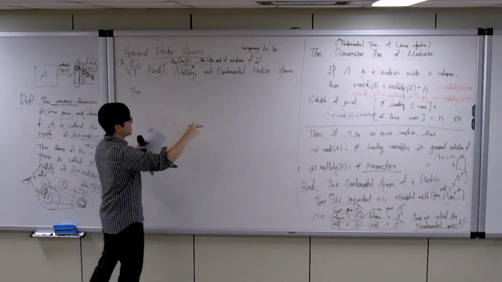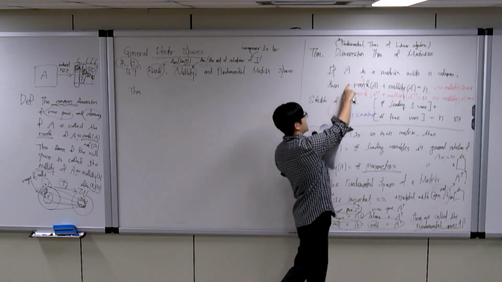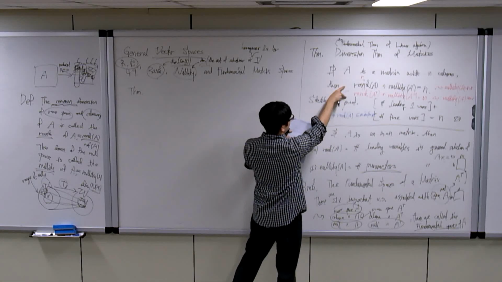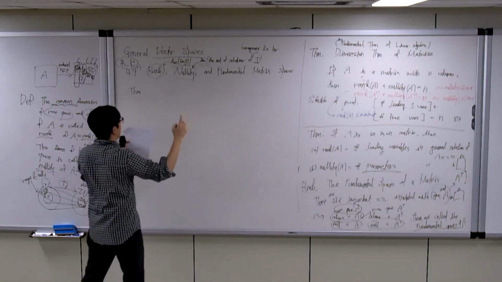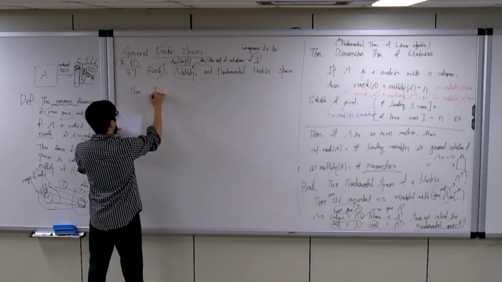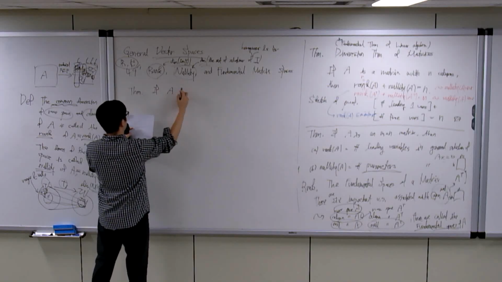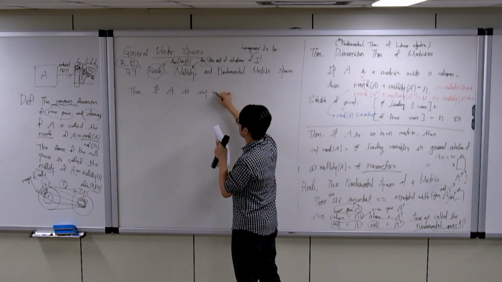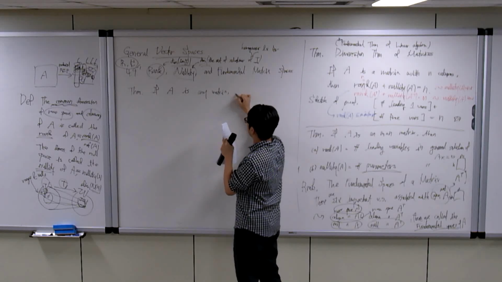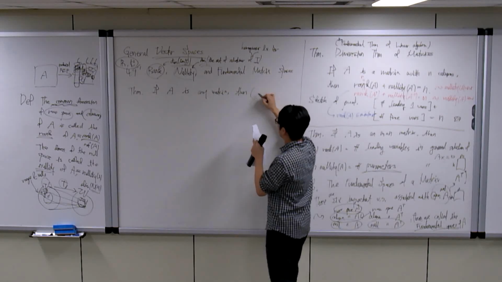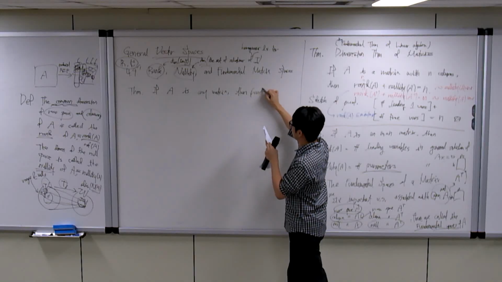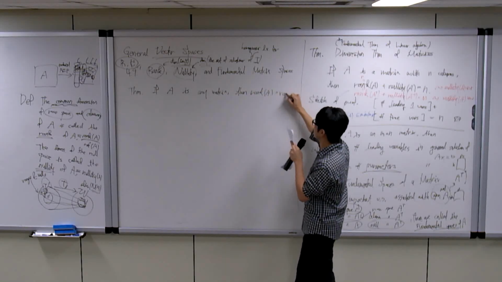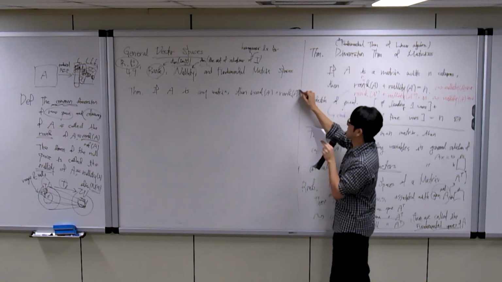And to say this, I just mentioned that the rank of A and the rank of A transpose are the same. It is really true. If A is any matrix, then the rank of A is the same as the rank of A transpose.